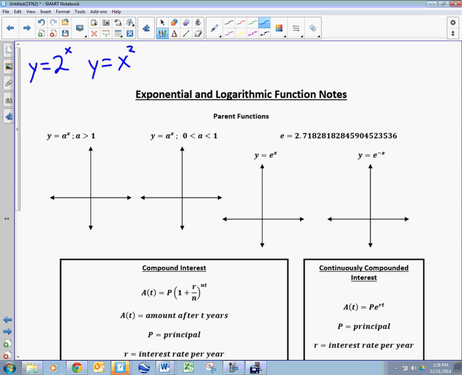Today's lesson should go pretty quickly and easily, but instead of looking at y equals x squared, we're going to look at functions like y equals 2 to the x. And these have a very specific shape to them.